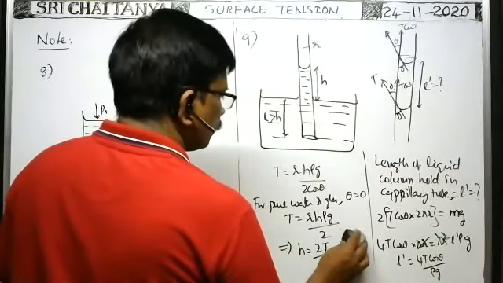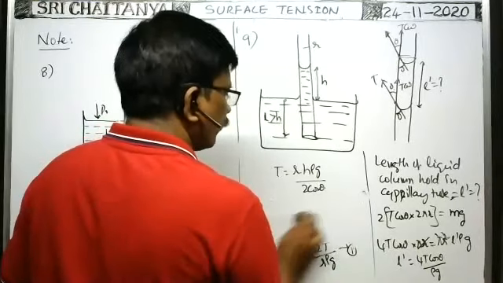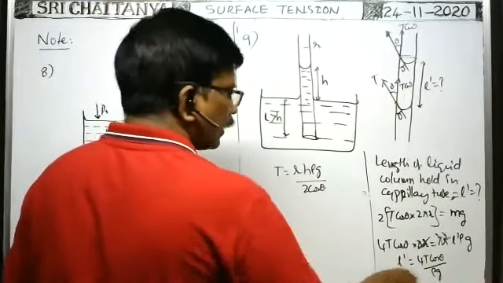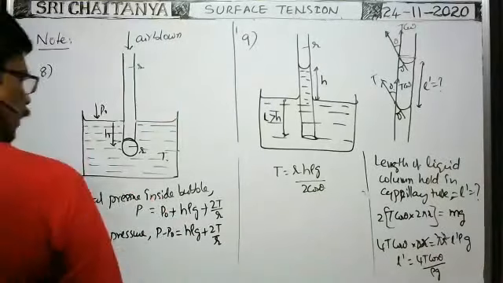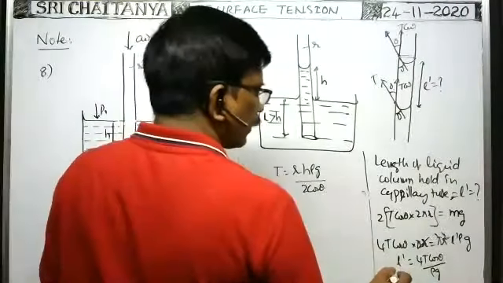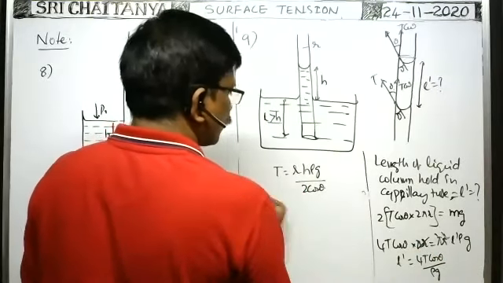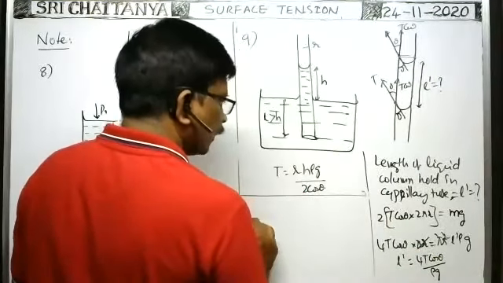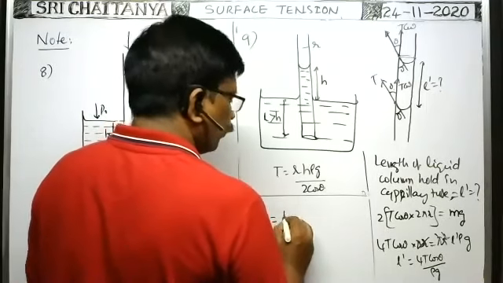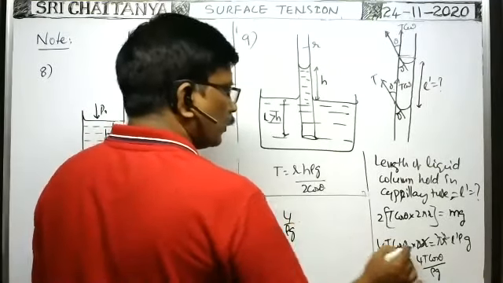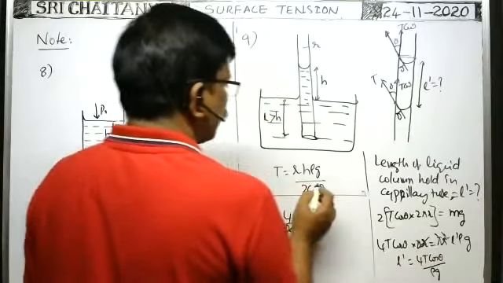You keep it like this only. You don't change the theta, because we have written in terms of theta only. From this formula, L dash is equal to 4T cos theta by rho g. What about T cos theta?